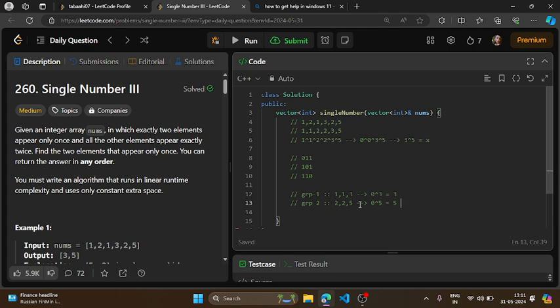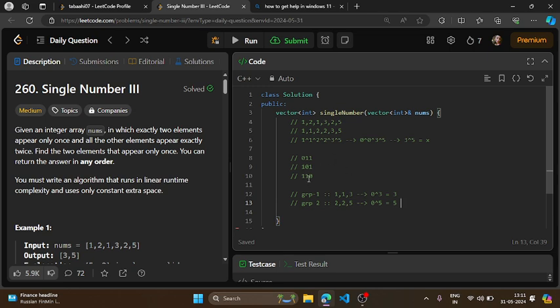After getting the XOR of the entire array, we will get the XOR of the two target elements, right? Now, with the help of XOR, we can find out the first position where the bits in the target elements are different, because if the bits in the target elements are different, then the XOR will have 1 at that particular location, right? This is something which you understand, I hope.